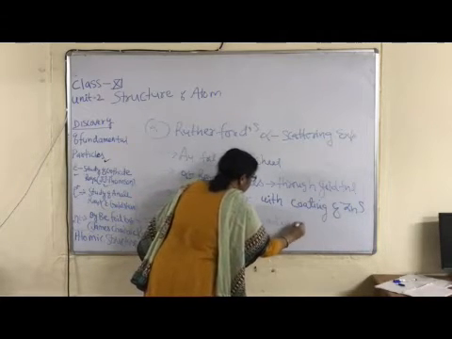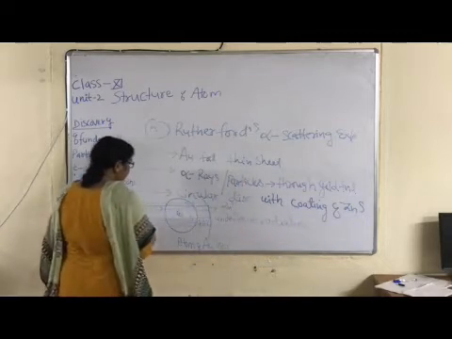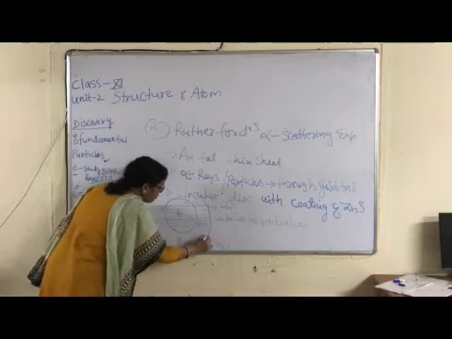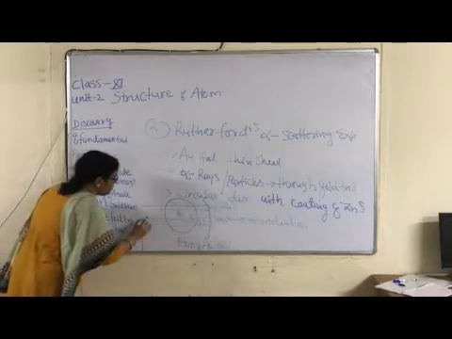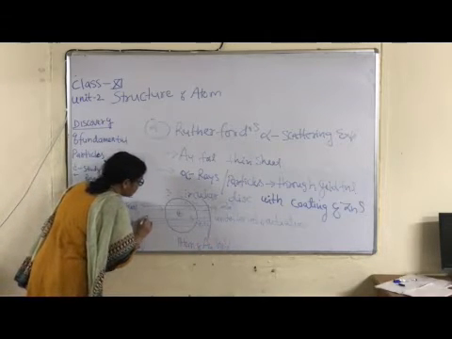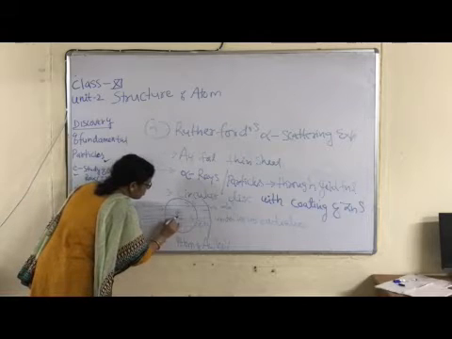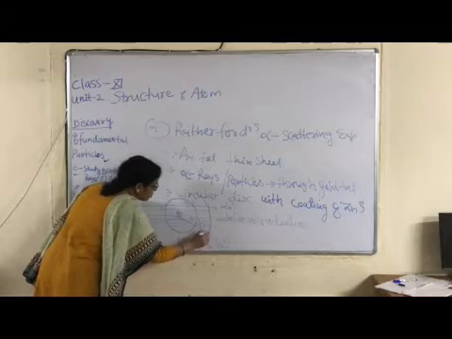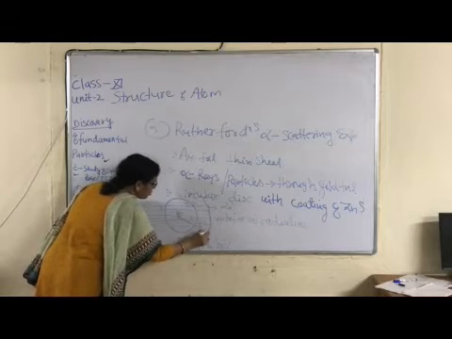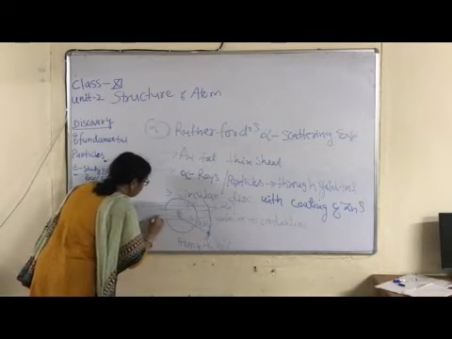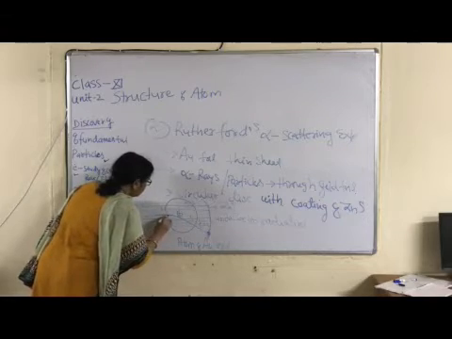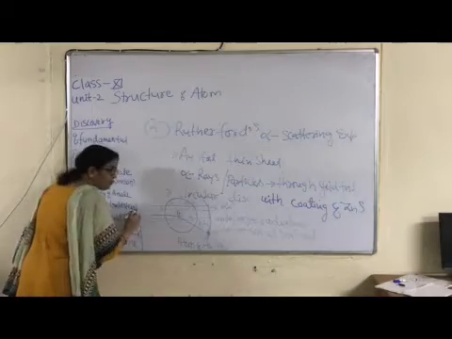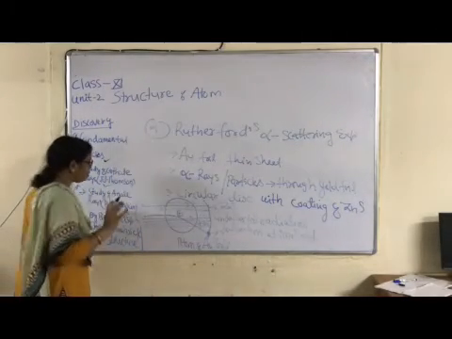Right? Few radiations are deflected at a small angle like this. This one is a bright spot, showing deflection at a small angle. And very few, maybe 1 out of 20,000.